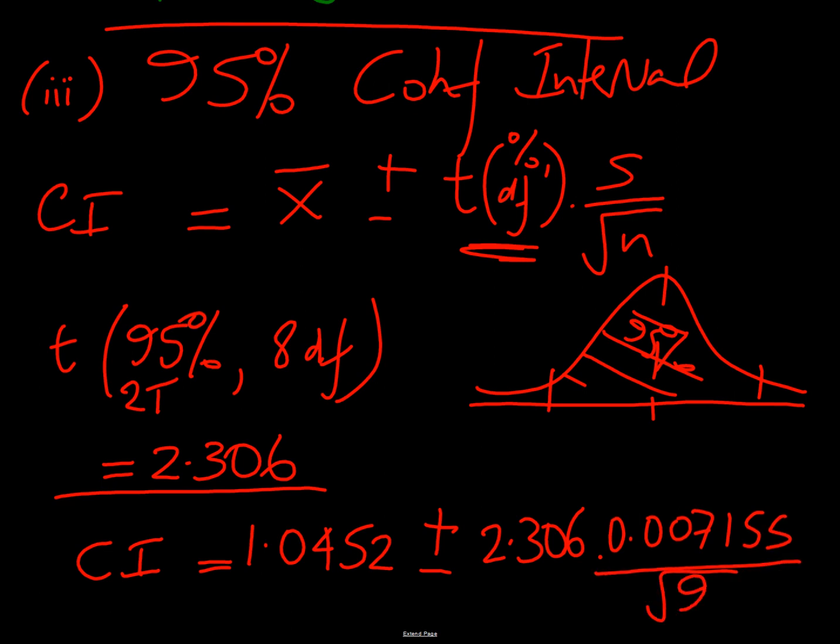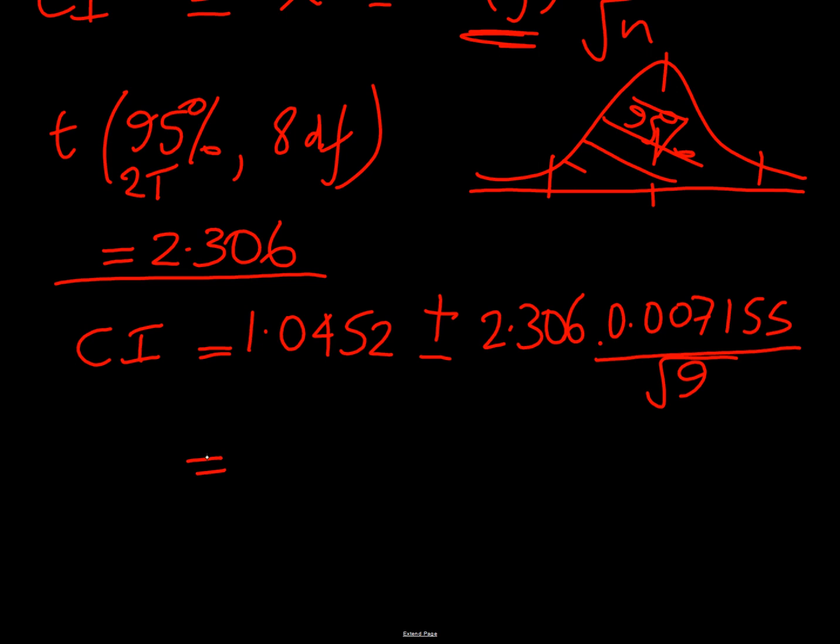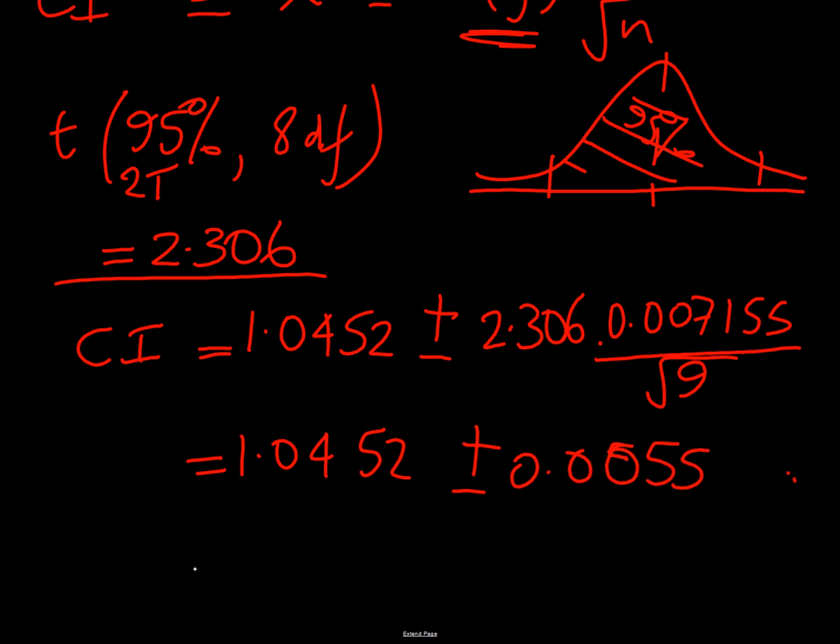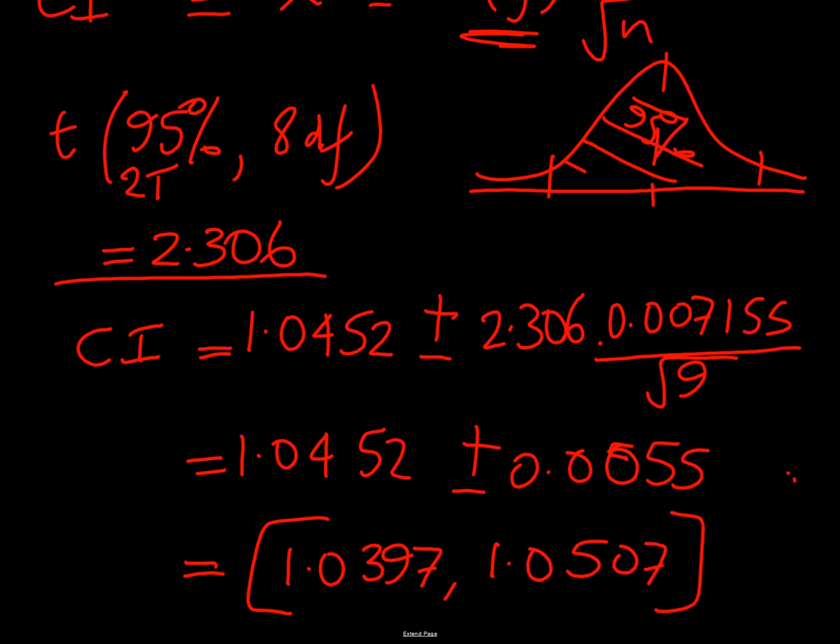Put that in our calculator, we get 1.0452 plus or minus 0.0055, and we need to write it as an interval always. So our range is going to be 1.0397 and 1.0507. So there's our interval.